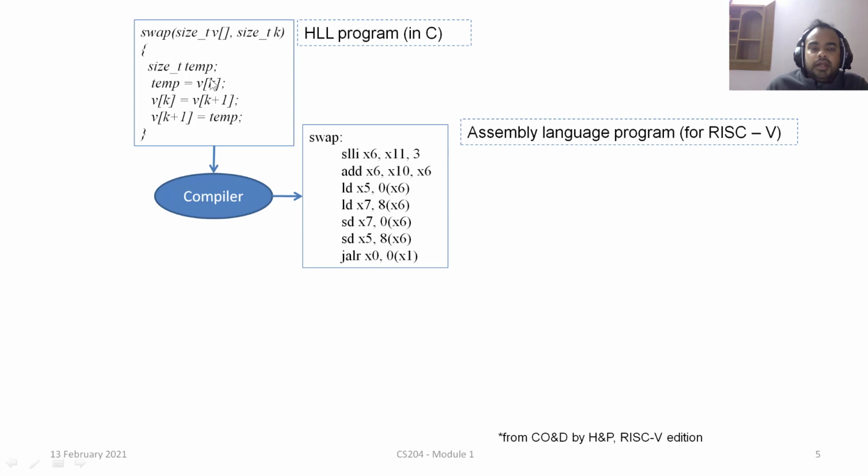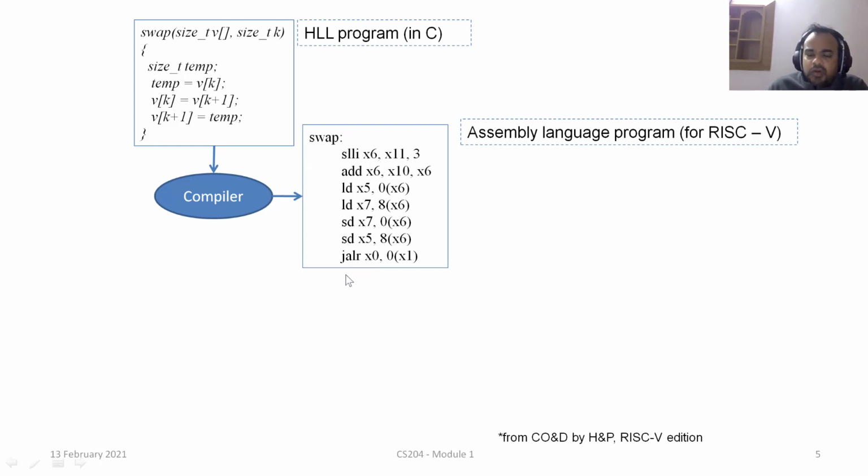Okay, so the assembly program for this swap high level program would look something like this. We have some sequence of steps. SLLI represents shift left logical immediate, add is add operation, LD is load double, SD is store double, and we have JLR, which is jump and link register.